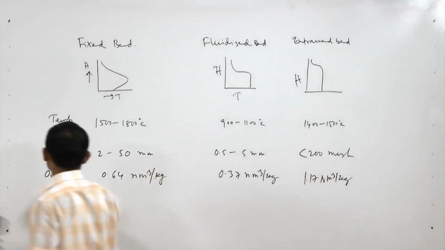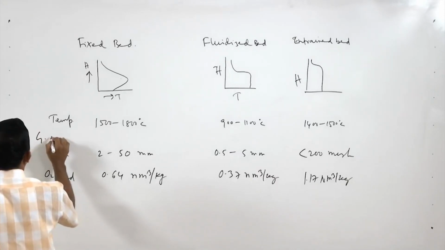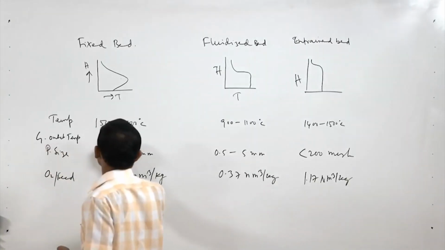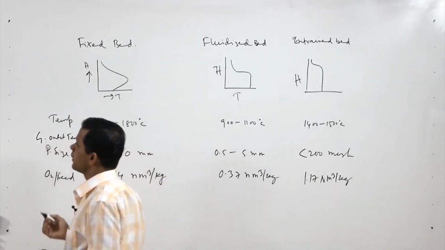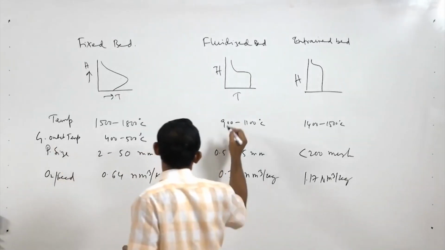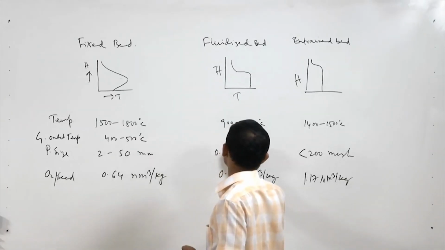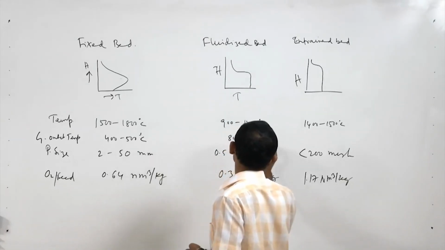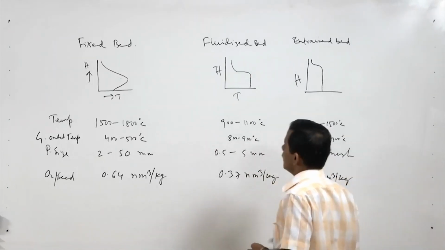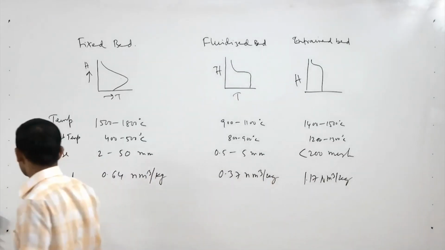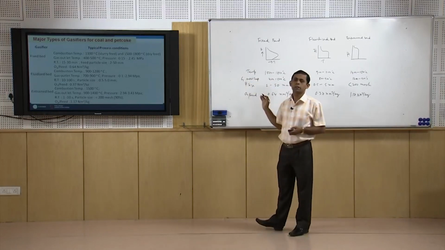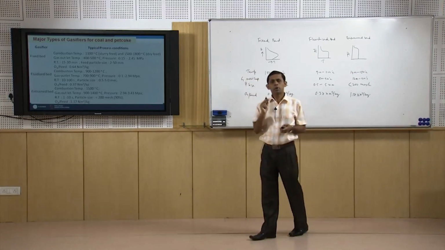Then the gas outlet temperature: for fixed bed, this is lesser, 400 to 500 degree centigrade, but here we will get around 800 to 900 degree centigrade, and here we will get more, say 1200 to 1300 degree centigrade. So, these are the basic parameters which we can compare, and we also compare the quality of the syngas.